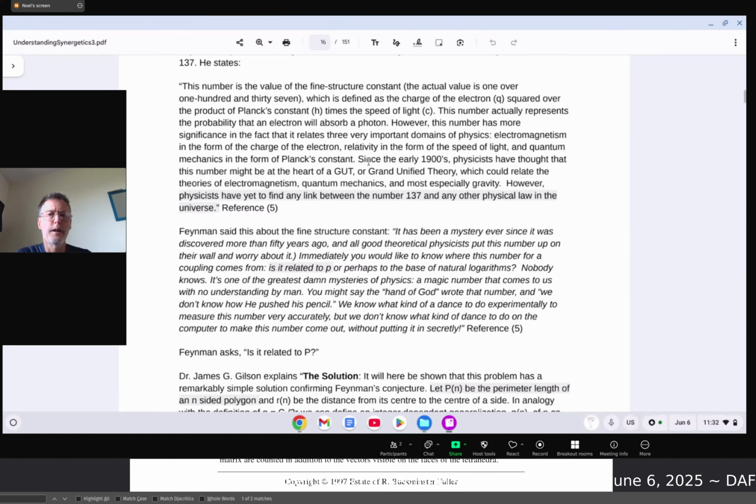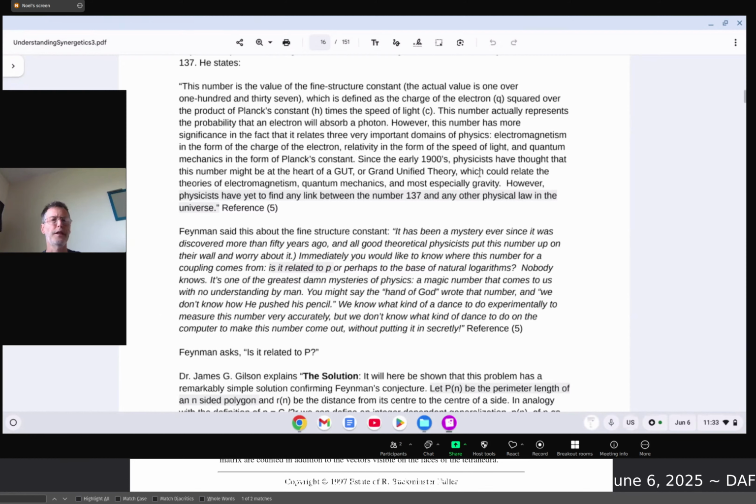He says this number has more significance in that it relates three important domains of physics: electromagnetism, quantum mechanics, and relativity theory. Since the early 1900s, physicists have thought that this number might be at the heart of a grand unified theory, which could relate the theories of electromagnetism, quantum mechanics, and most especially gravity. However, physicists have yet to find any link between the number 137 and any other physical law in the universe.